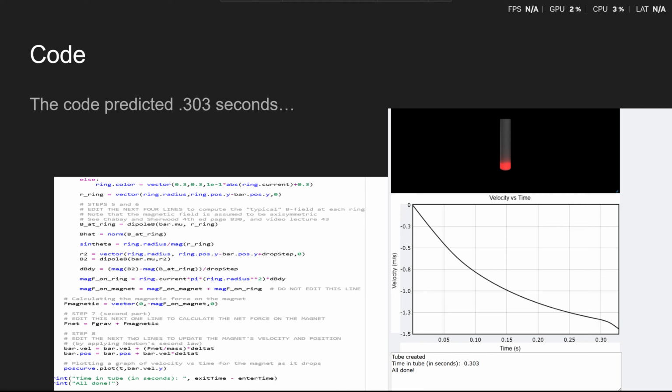Some of those measurements are probably a little off, because I noticed if I change something, it would change the result by a decent margin. So I wouldn't be surprised if the dipole moment was a little off, or the radius was off a little bit, and that causes it to seem like it goes faster.